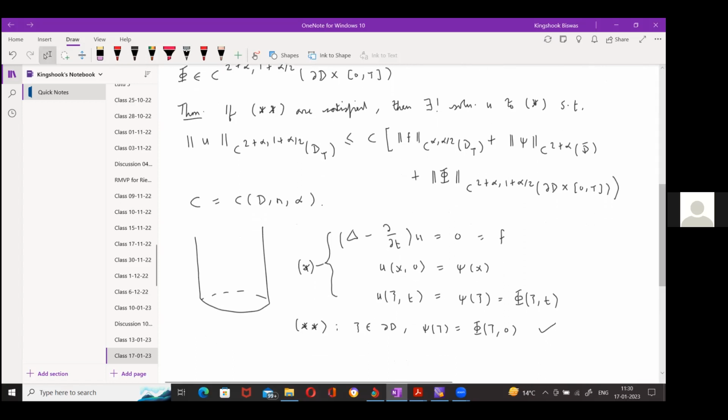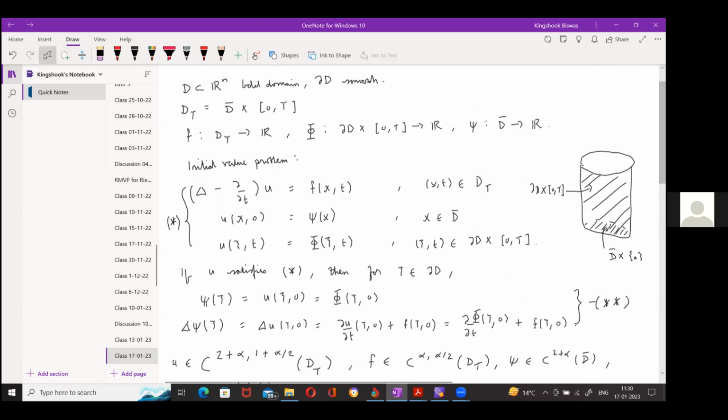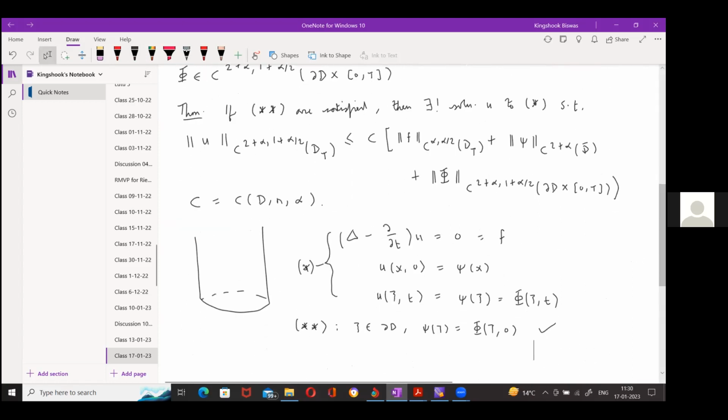For the other compatibility condition, I need the Laplacian of psi at xi to be equal to del phi del t at (xi, 0) plus f of (xi, 0). In other words, on the right-hand side, del phi del t will be 0 because phi is constant in t, and f is 0.